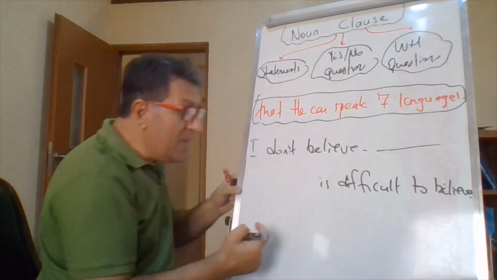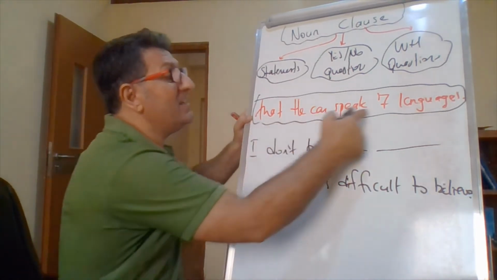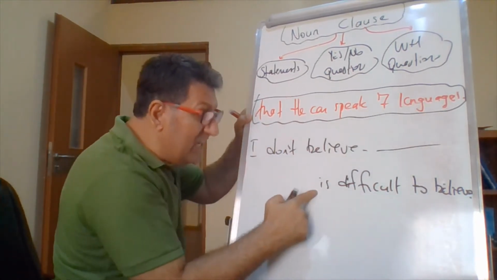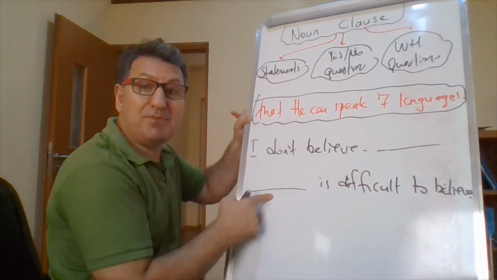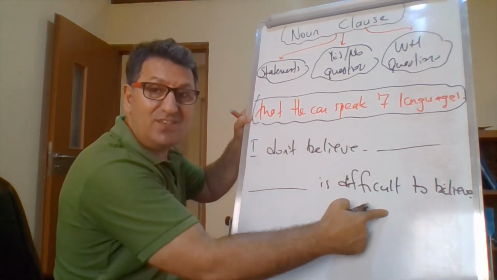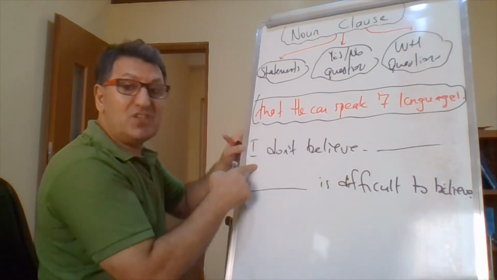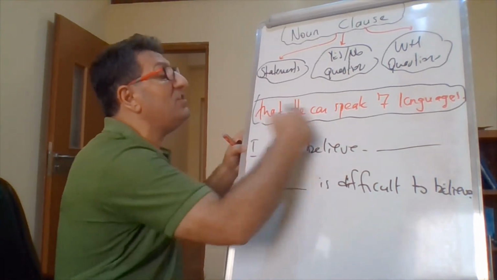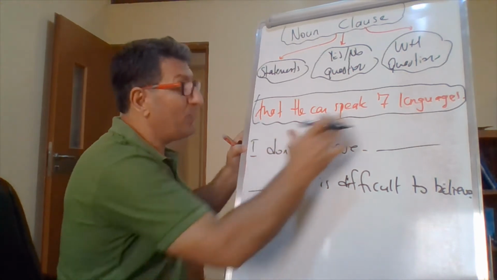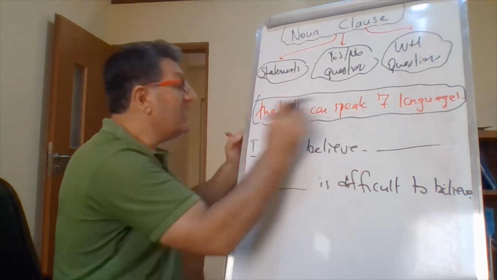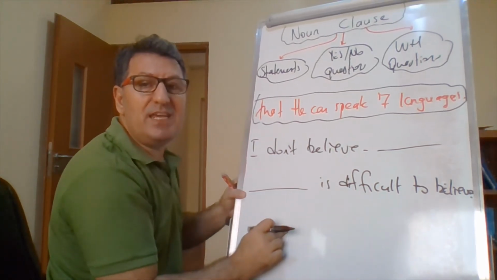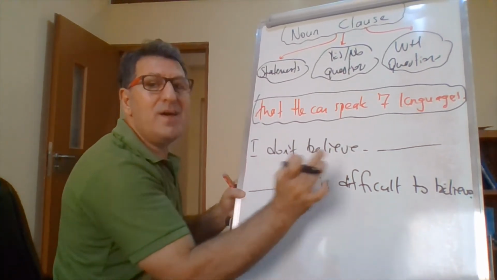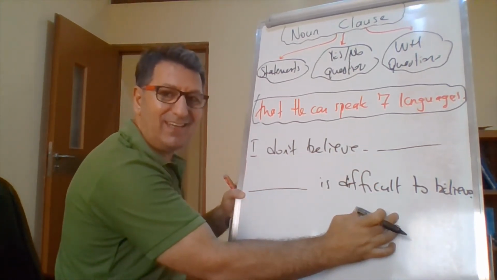Alright, so here as you see, this time I am using it as the subject of my sentence. So the first one is, I don't believe that he can speak 7 languages as object, or that he can speak 7 languages is difficult to believe as the subject of my sentence again.